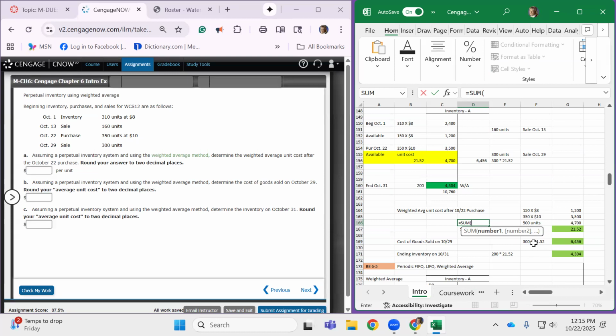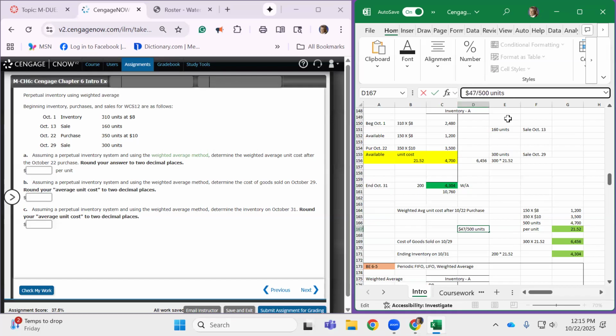No, there's 500 units after that October 22nd sale. We're trying to find the weighted average before we sell on October 29th. So hang on a minute. If we have 500 units, we need to divide $4,700 by 500 units to find the weighted average.